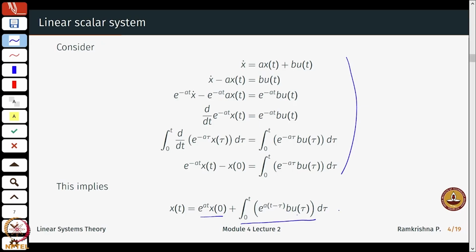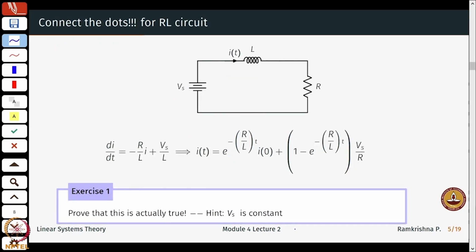This is something we can compute using intuition from our earlier courses in calculus, and that is what happened in the example that we also checked earlier. You can use this method or even directly compute by using Laplace transforms, for example.